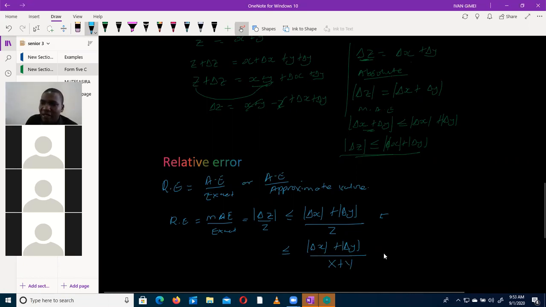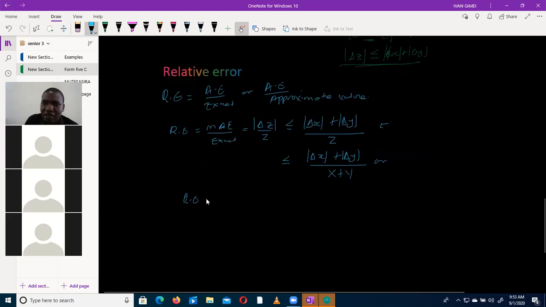Or we can say our relative error will be the same as the maximum absolute error divided by the approximate value.